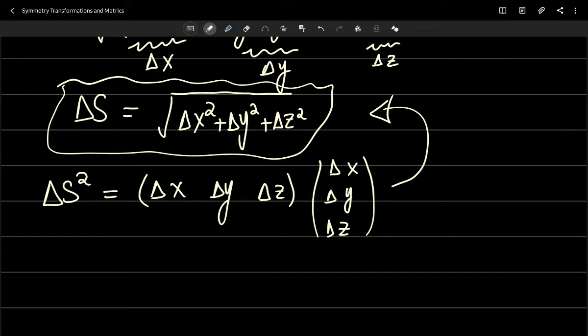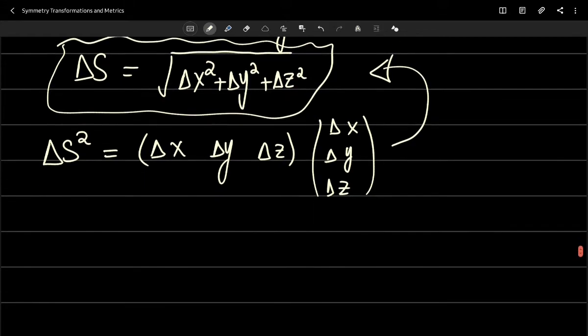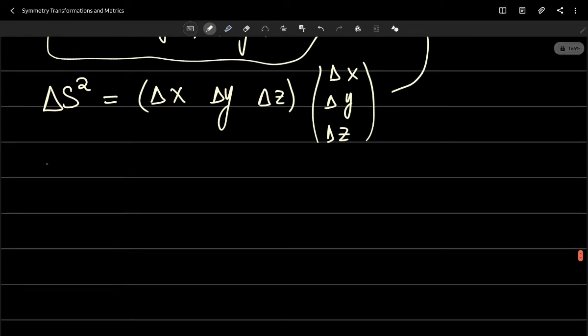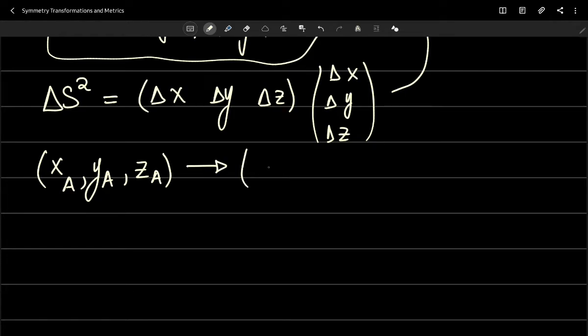Now, we know that if we change to a new related coordinate system, then all of these, say for, let's look at object A, these coordinates xA, yA, zA, they all transform in the new coordinate system as some x prime A, y prime A, and z prime A, right?